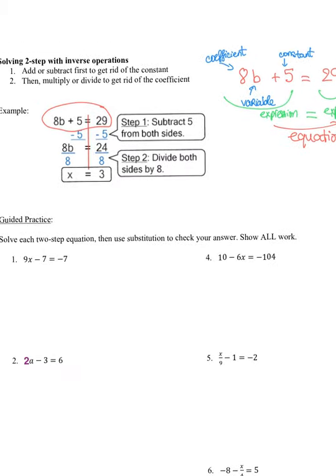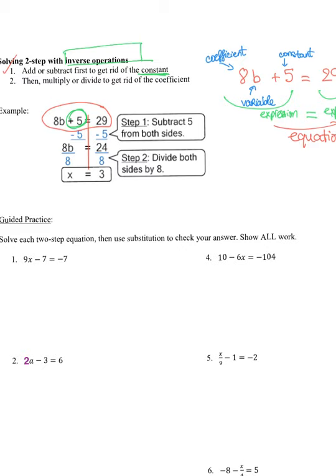First, step 1, I'm going to add or subtract to get rid of the constant. So I need to get rid of the constant. We know the constant is 5, so I need to get rid of it by doing the inverse operation.